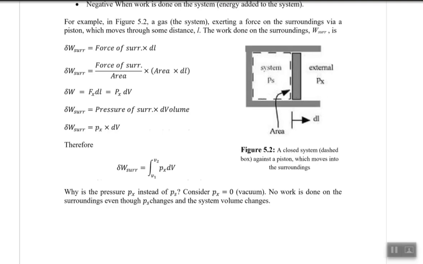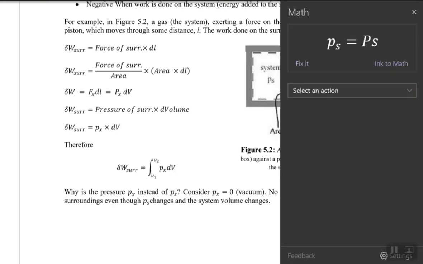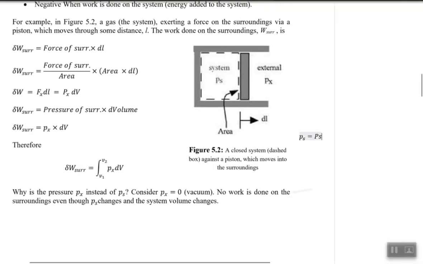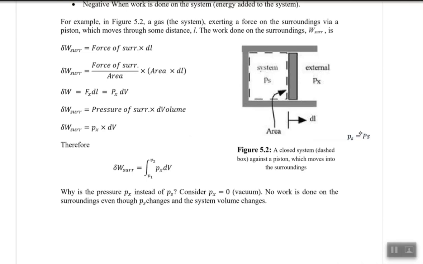If we consider PS is equal to Px, then in that case I would be saying the work done is by the system on the surroundings.